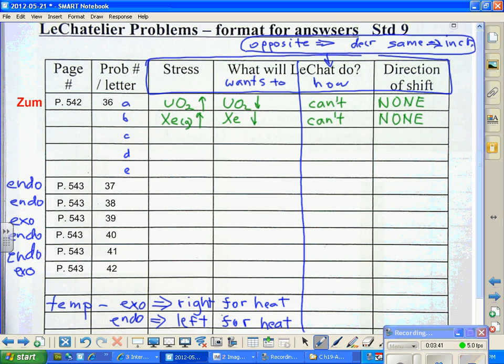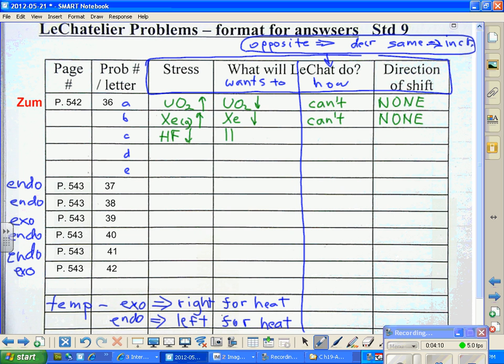Now, in letter C, the reaction is performed in a glass reaction vessel, and HF reacts with the glass. It says it attacks the glass, but if it attacks the glass, it's actually reacting with it. So if it reacts with it, it's going to get used up. And so the HF as a gas is going to come down because it's done in a glass vessel.